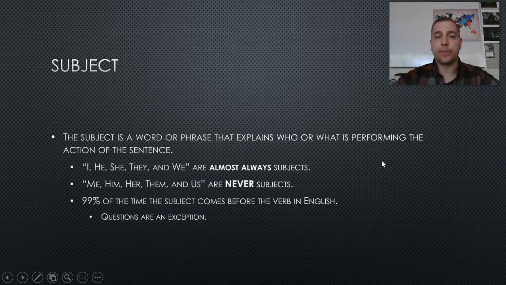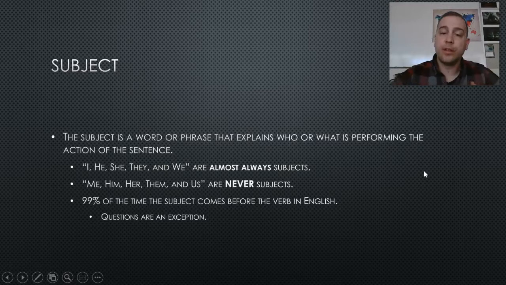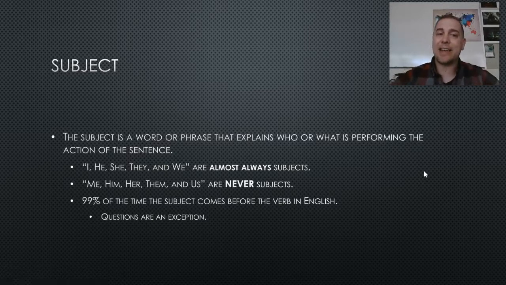Now, words like he, I, they, she, we are almost always subjects. However, words like me, him, them, her, us are never subjects. If you ever see those words, they are never the subject of the sentence, right? It sounds weird if you use them as subjects.